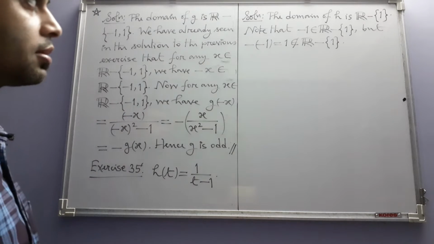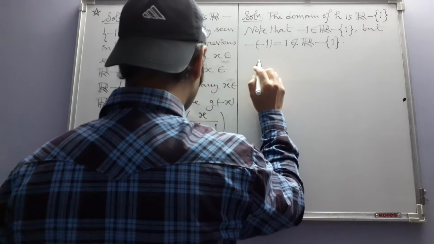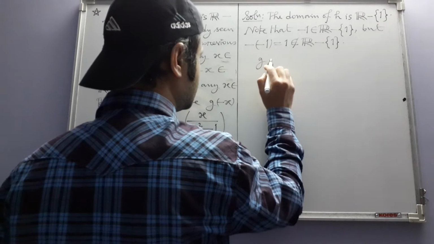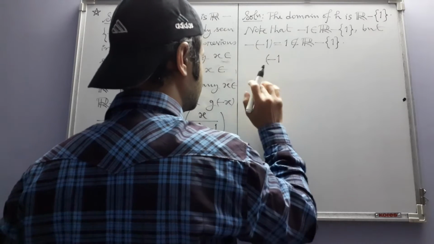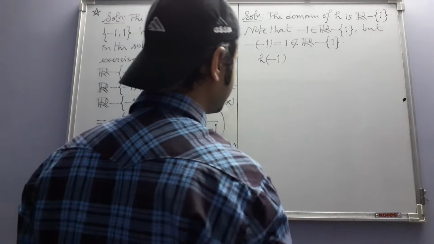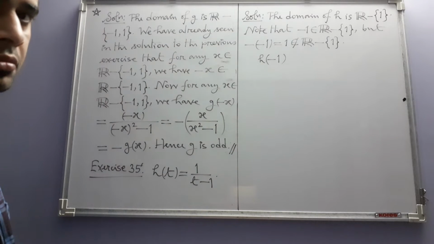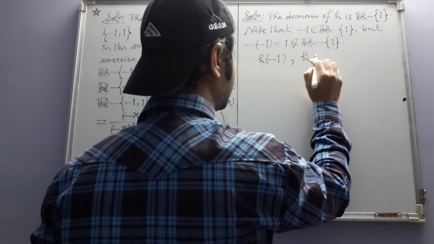The consequence of this is that we can calculate H of minus 1. There is no problem in that. But we cannot calculate H of 1.